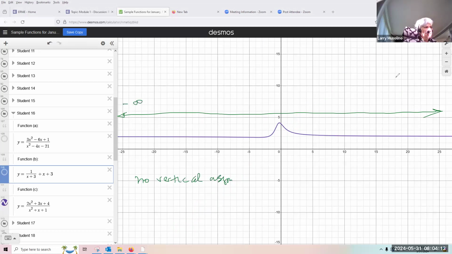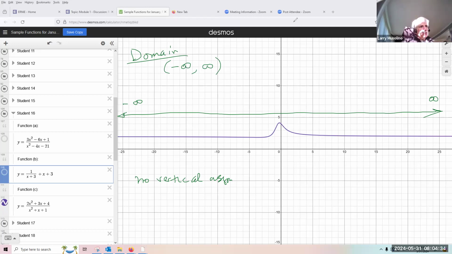And the domain is going from -infinity to +infinity. So the domain, I'm just going to write as (-infinity, +infinity). Remember, anytime you write infinities, you always put parentheses on the interval notation.